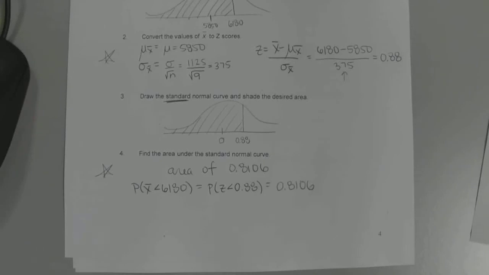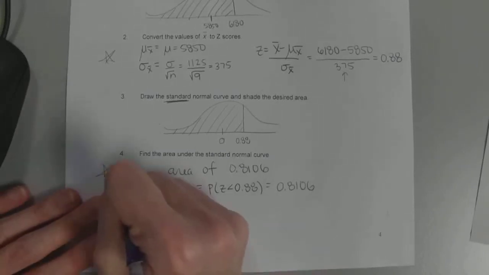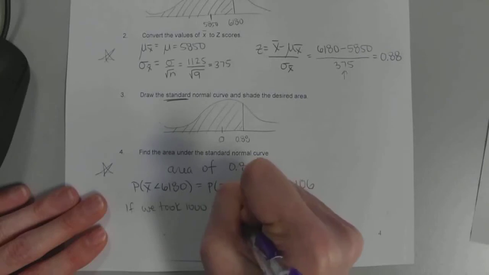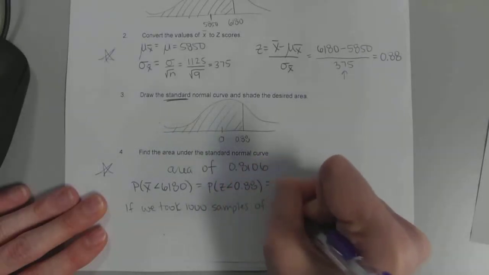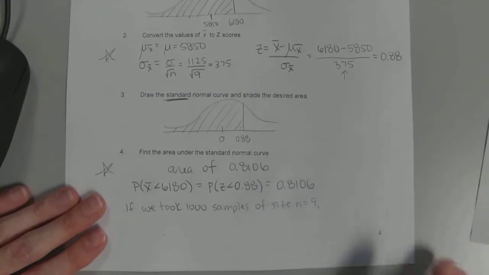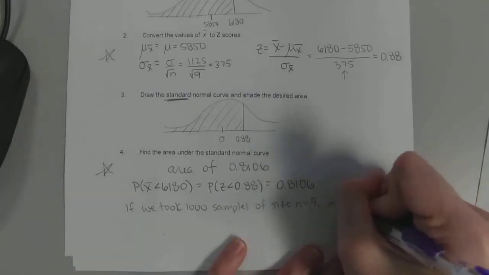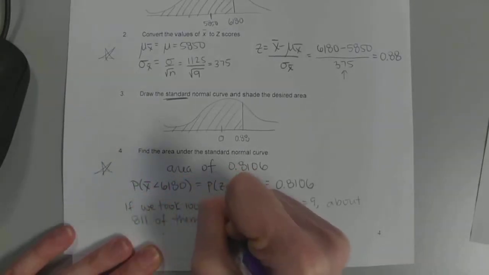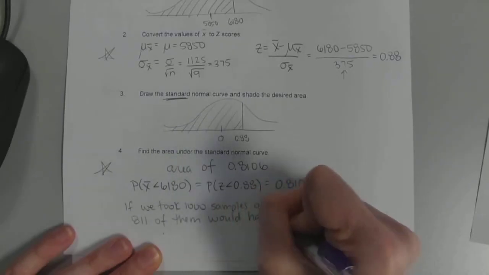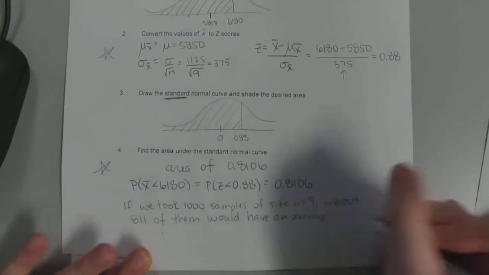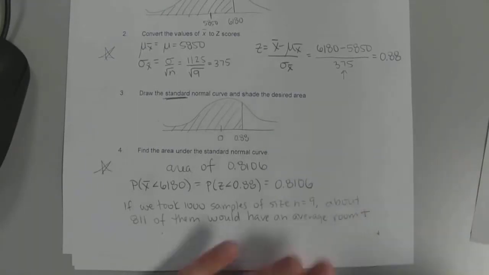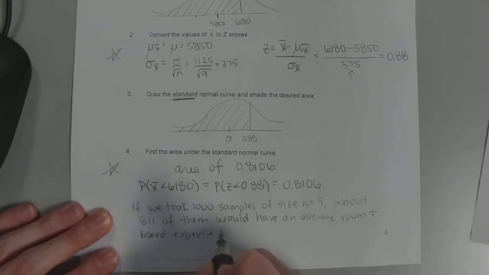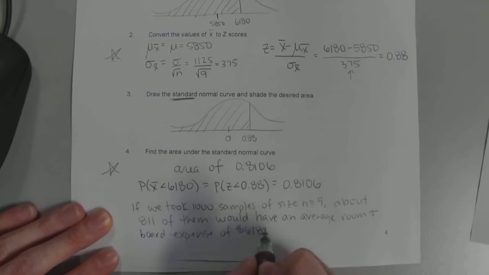So what does that mean in words? It means if we took 1,000 random samples of size 9, because I think this is always on those problems, if we took 1,000 samples of size n equals 9, about 811 of them would have an average room and board expense of 6180 or less.